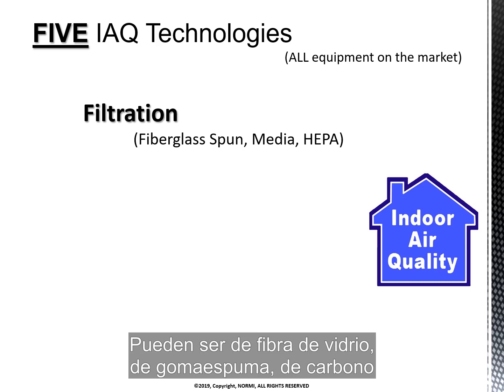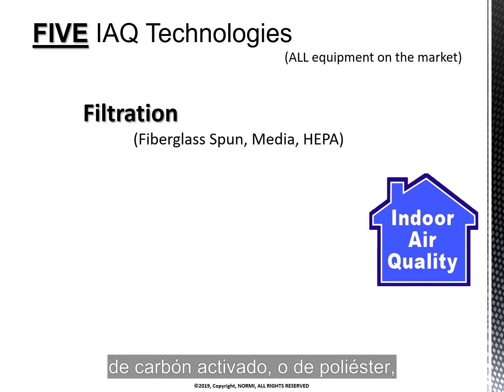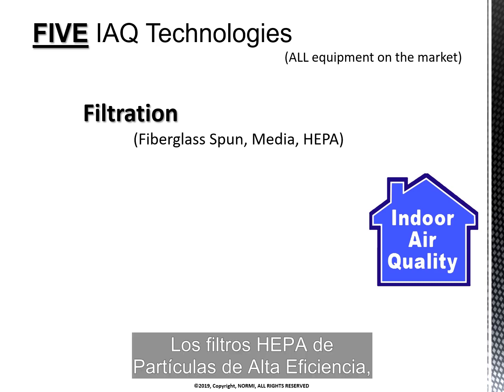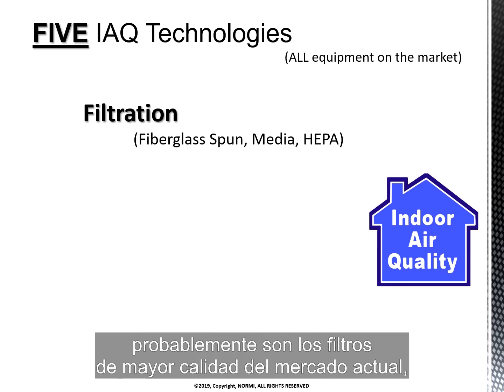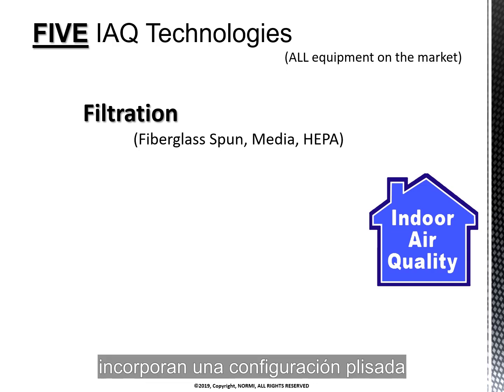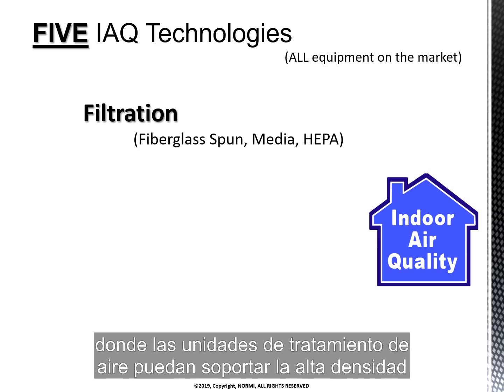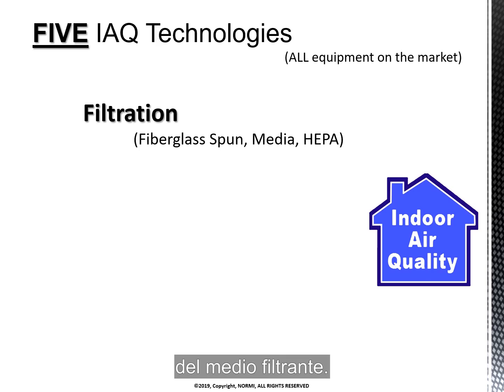They might be fiberglass, foam rubber, carbon or carbon impregnated, polyester, but each serves a different purpose based on its density and configuration. HEPA, high efficiency particulate arrestor, filters, probably the highest quality filter on the market today, incorporate a pleated configuration and are usually appropriate only in commercial environments where the air handlers can handle the tight density of the filter media.